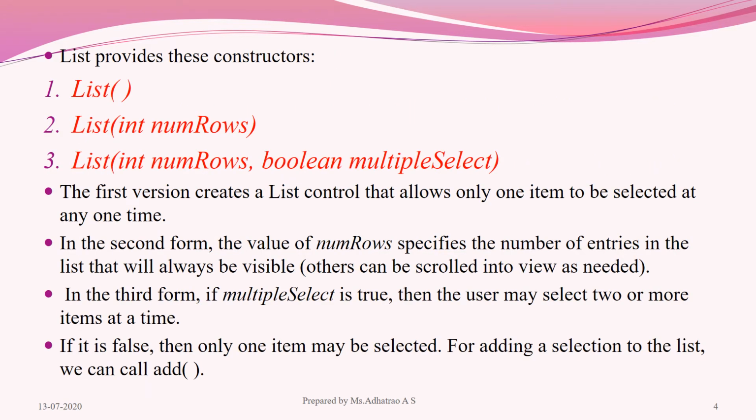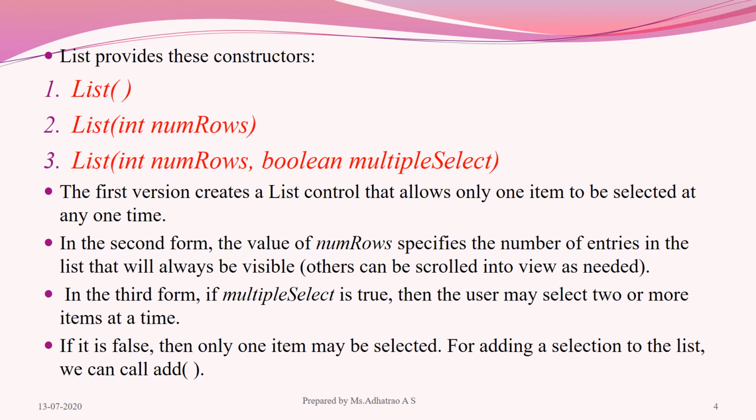The list provides the following constructors. First, List(), the empty constructor, which creates a list control that allows only one item to be selected at any one time. The second has a parameter, integer numRows. In this form, the value of numRows specifies the number of entries in the list that will always be visible.